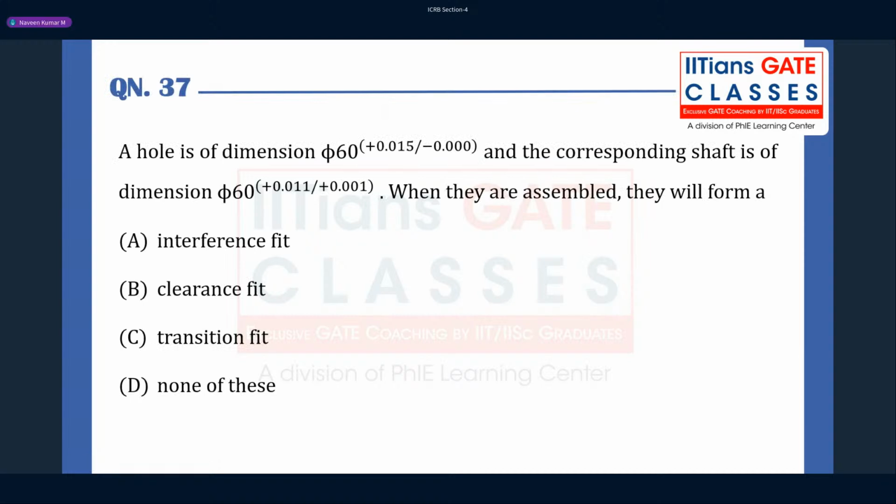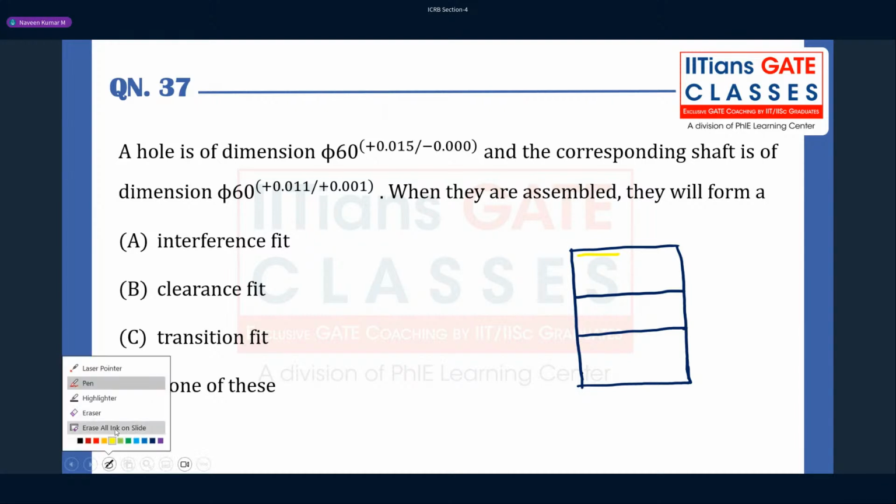A hole of dimension 60 plus 0.015 and 60 minus 0, and the corresponding shaft is of dimension. Okay, so let's make the dimensions. Let's take this.